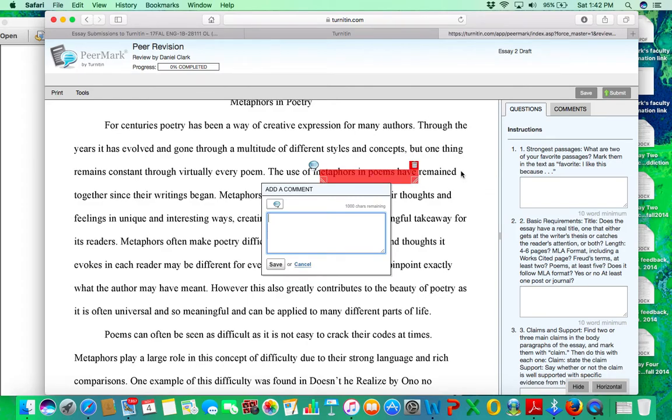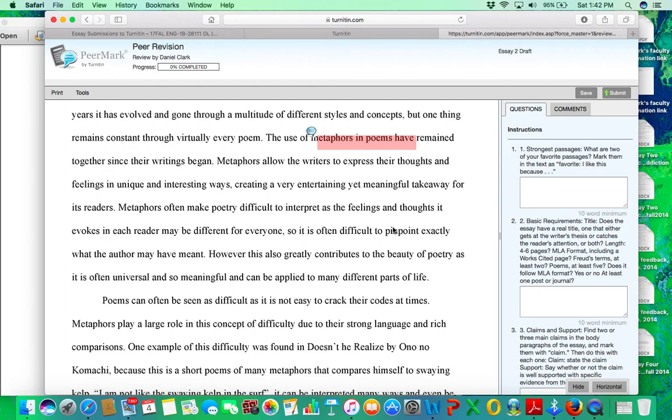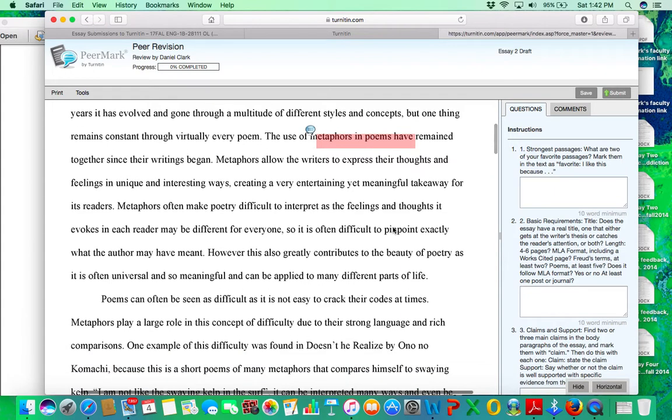Can I just mark it? What happens here? Save. Anyway, okay. The use of metaphors has remained together since their writings began. Whose writings? Since people started writing? Metaphors allow the writers to express their thoughts and feelings in unique and interesting ways, creating a very entertaining and yet meaningful takeaway for its readers. For readers of what's it?